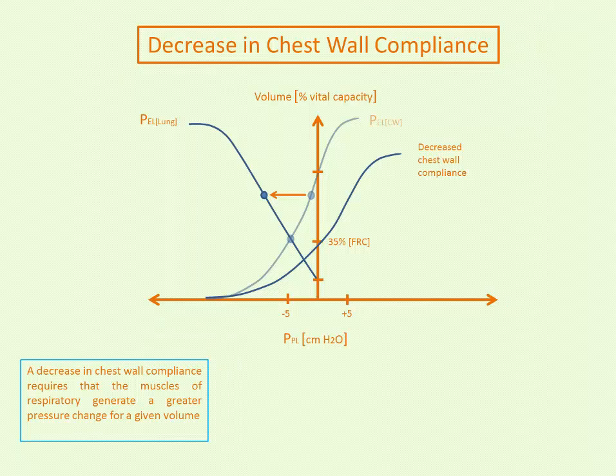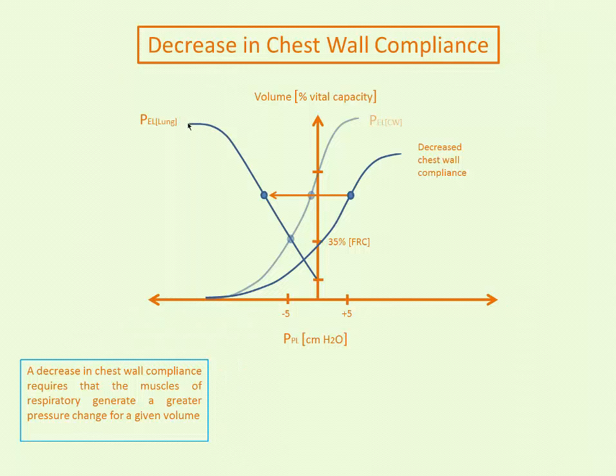So the chest wall compliance is impaired. It shifts down and to the right. Again, the lateral pressure between the two curves has increased. So to achieve this volume, a greater pressure must be generated by the muscles of inspiration compared to the normal chest wall compliance curve. But look at the qualitatively different effects on pleural pressure.